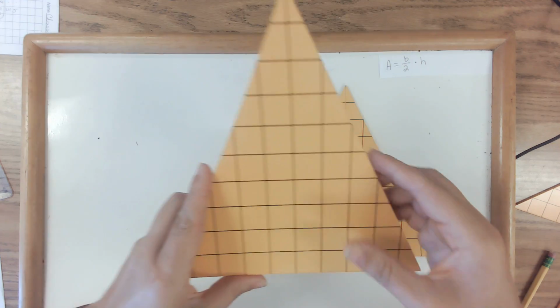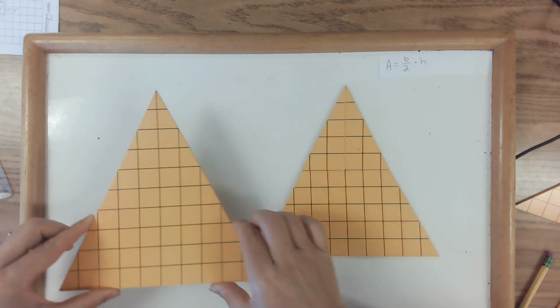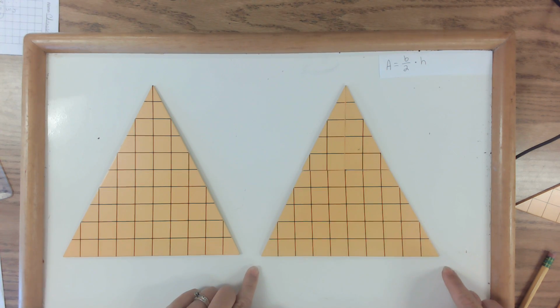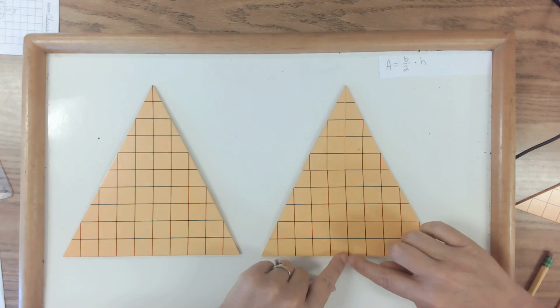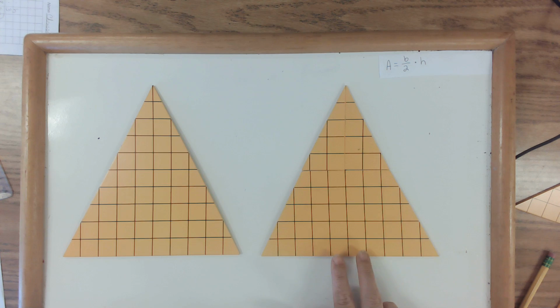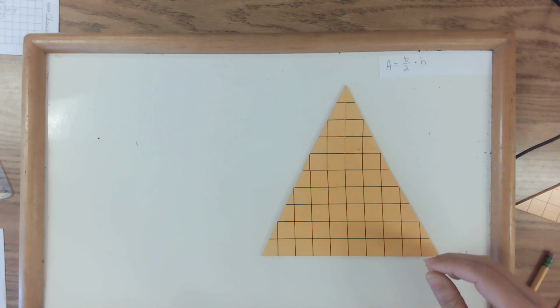We can test it out to be sure. Yes, they are congruent. They both have a base of 10, and they both have a height of 10. Now, in the last example, the base got cut in half when I transformed it into a rectangle. So let's see what happens with this triangle if I turn it into a rectangle a different way.